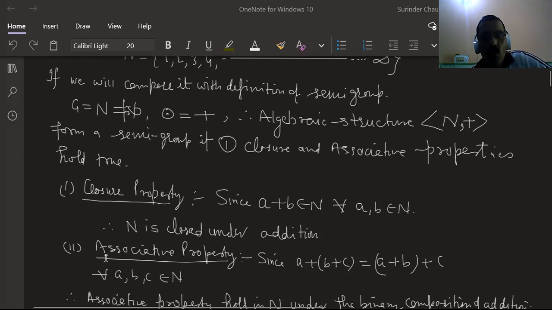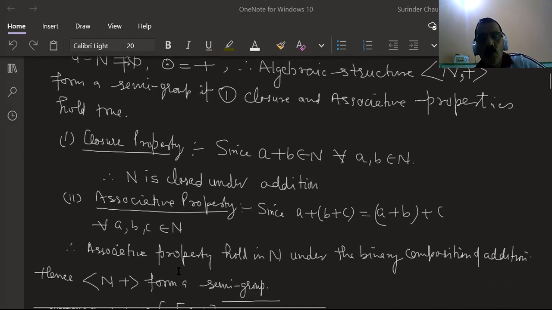If out of infinite natural numbers you take any three, and add the second and third number and add the result to the first number, and on the other side add the first and second number and then add the third number, both the left hand side and the right hand side give the same natural number. So the associative property holds in the set of natural numbers under the binary composition of addition.